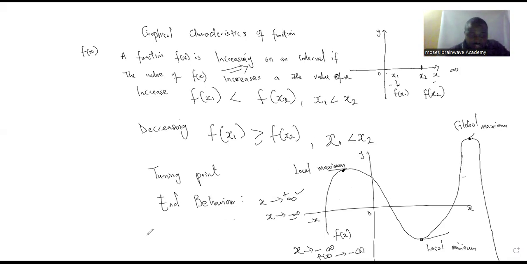Let me give another example. I have a function looking this way. This one is going up, and this function is going down. Considering this function, this is the value of x.